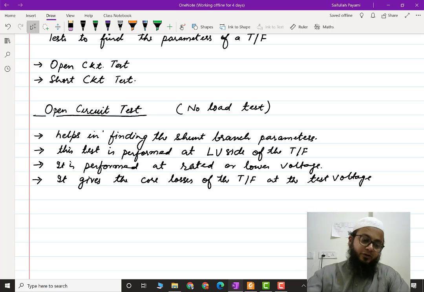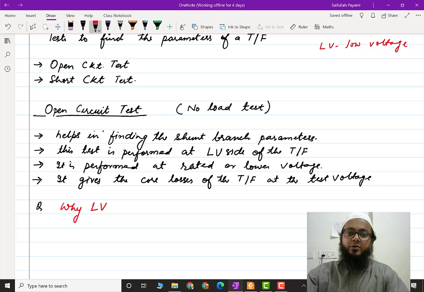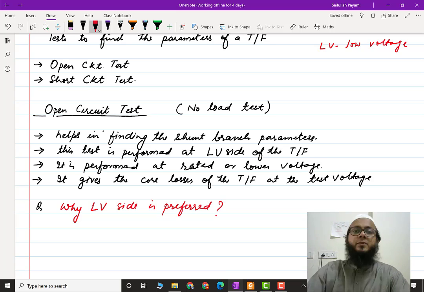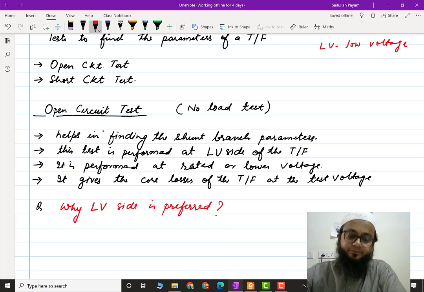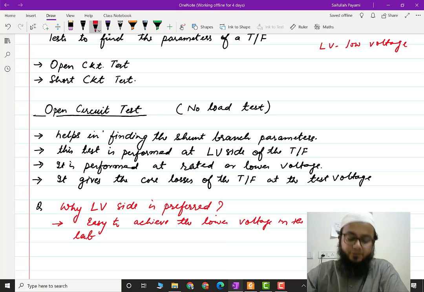Okay, so one question arises: why the LV side? LV stands for low voltage. Why is the LV side preferred to perform the open circuit test? One reason is instrumentation: it is easy to achieve lower voltage in the lab.